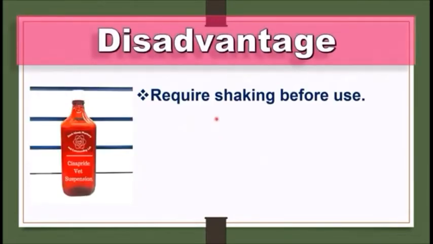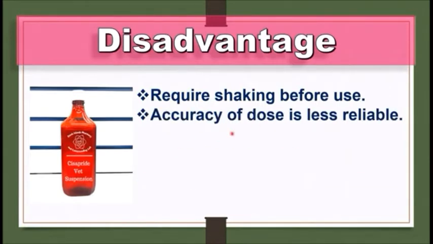Next we see the suspending agents. The suspending agents are hydrophilic colloids. The hydrophilic colloids impart viscosity to aqueous vehicles, and they require addition of preservatives as they support the growth of microorganisms. Examples of hydrophilic colloids are acacia and tragacanth.